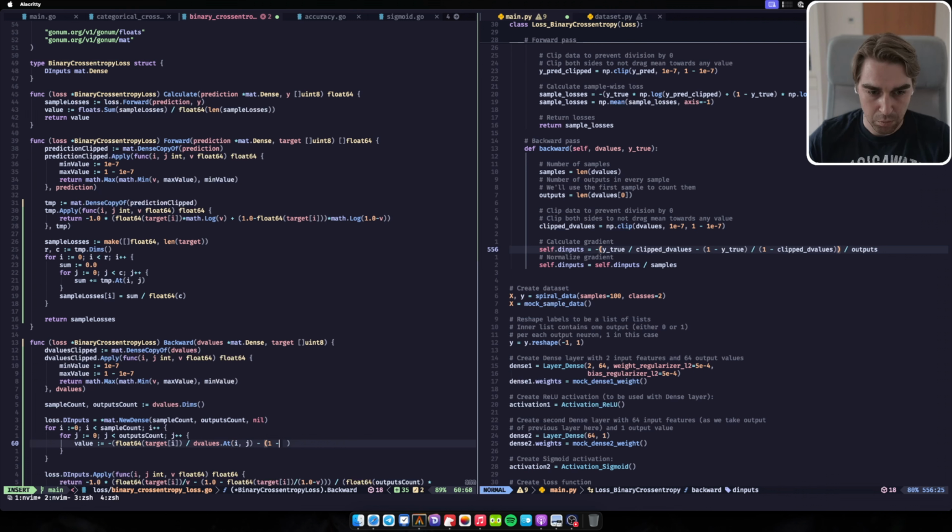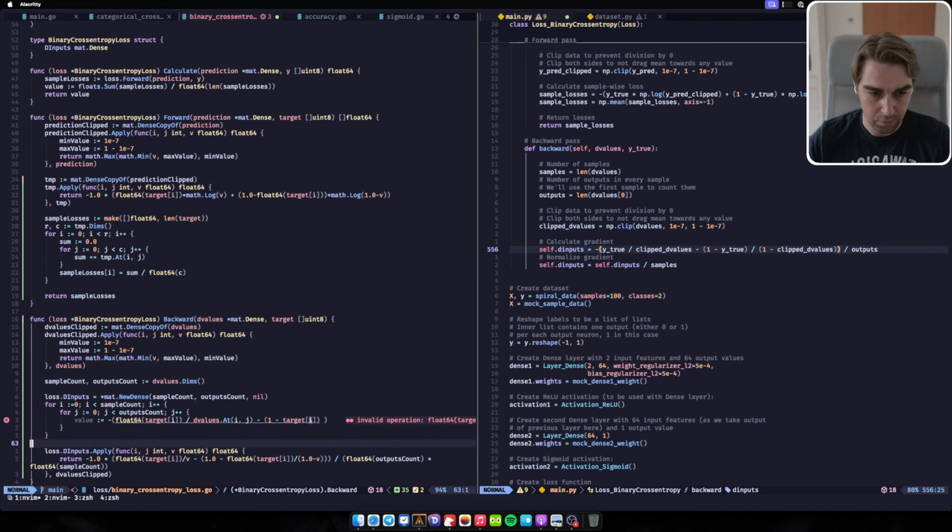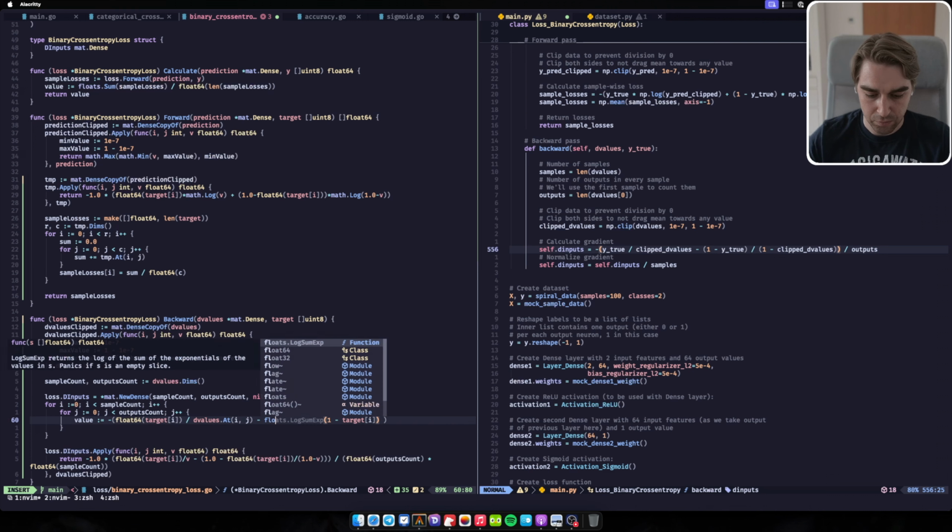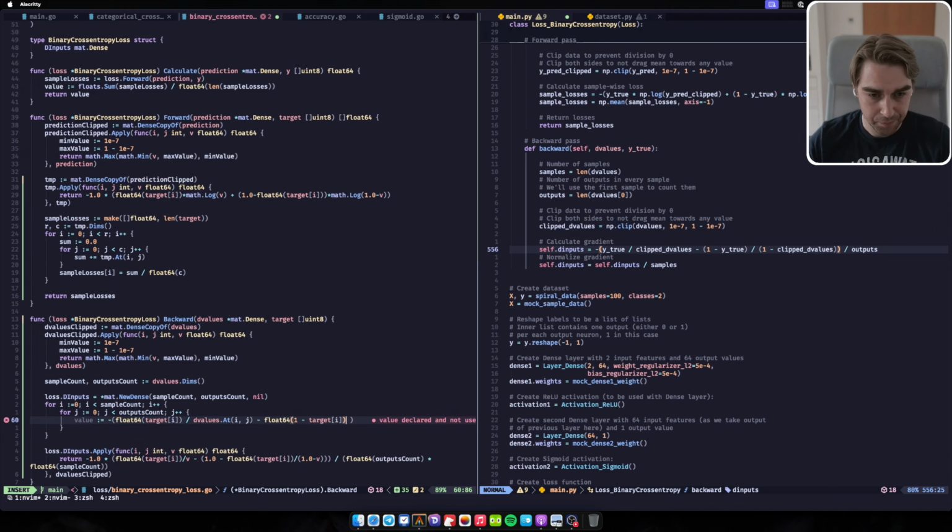Minus 1 minus targets I, right? And it's float 64. And then it divided by minus d values clipped I and j.